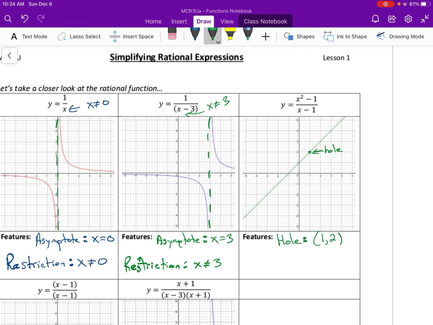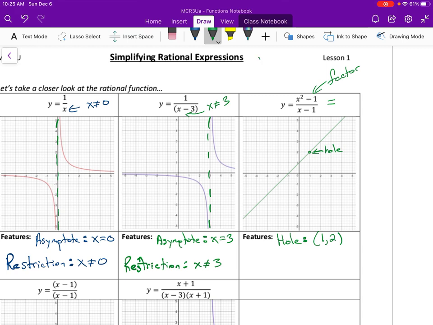It's at (1, 2). Now, if you look at the equation, I've got x squared minus 1 divided by x minus 1. So even though there's an x squared, this graph is just a straight line. And if I wanted to simplify this, I can factor it. I'm going to factor the numerator. You might remember this is a special case where I have just two terms, a perfect square, x squared, minus another perfect square, 1.